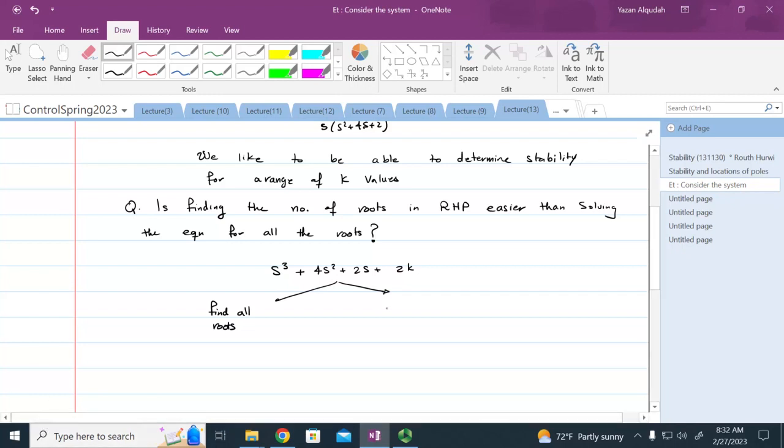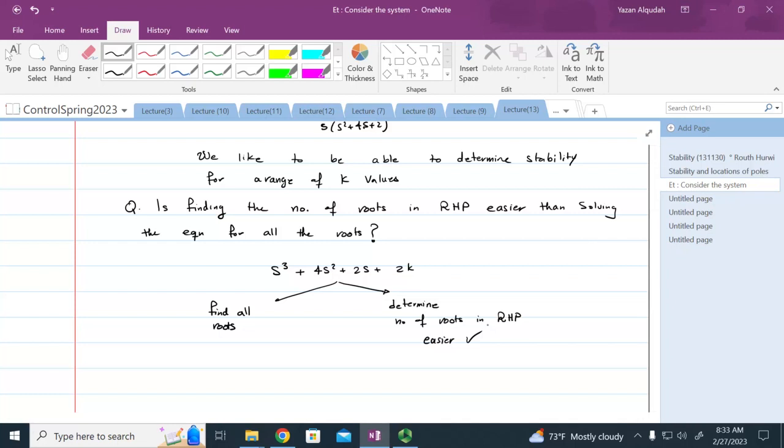The second option is just to determine the number of roots in the right half plane. And this is going to be easier. Is that clear?